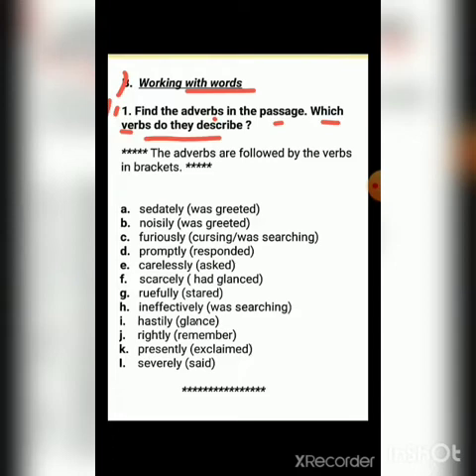Now on page number 11 they have given you a paragraph in the passage. You have to read that paragraph, underline some of the verbs in it, and then complete the adverbs which they have given you in the blanks, right? अच्छा, इसमें आपको एक note दिया हुआ है: the adverbs are followed by the verbs in brackets.